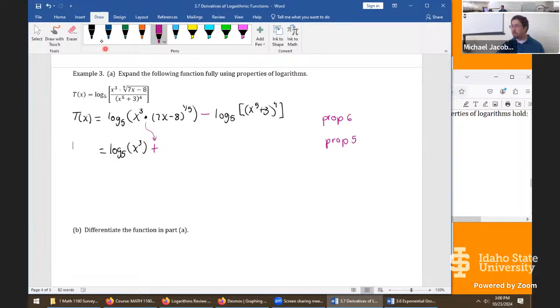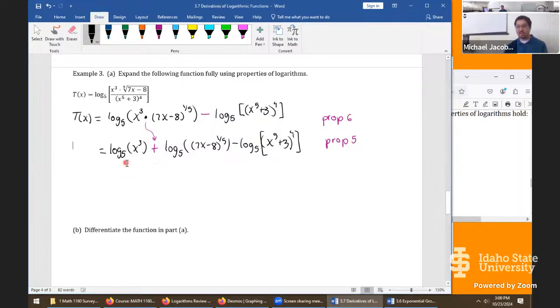I think that's more helpful. Log base 5 of 7x minus 8 power 1/5 minus log base 5 of x power 5 plus 3. Forgot that was a bracket to power 4. So methodically, stage by stage, here's where we're at so far. Does that look right to everyone at the moment?